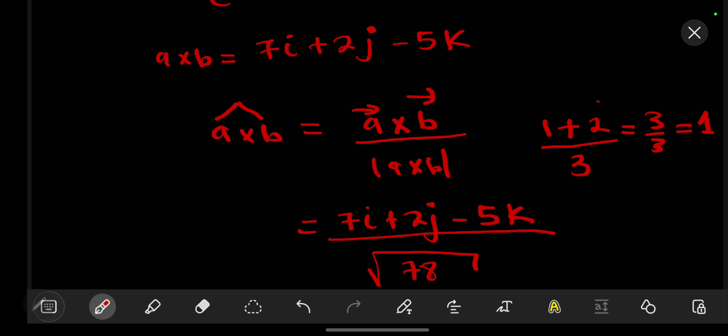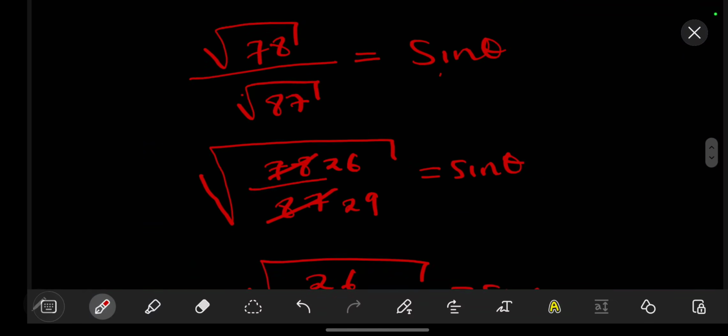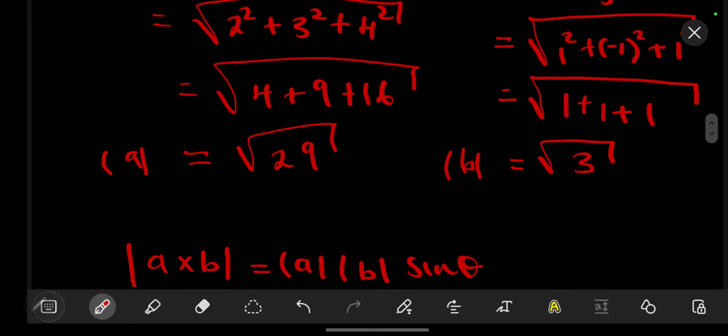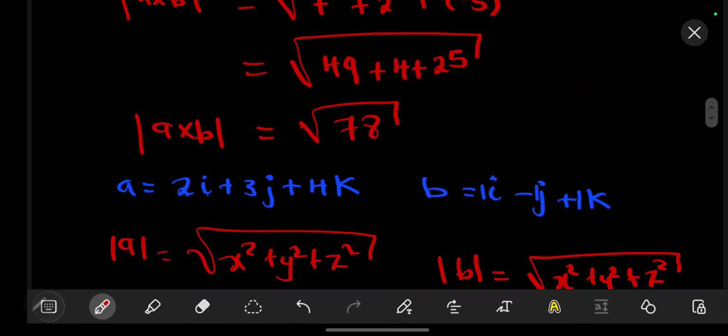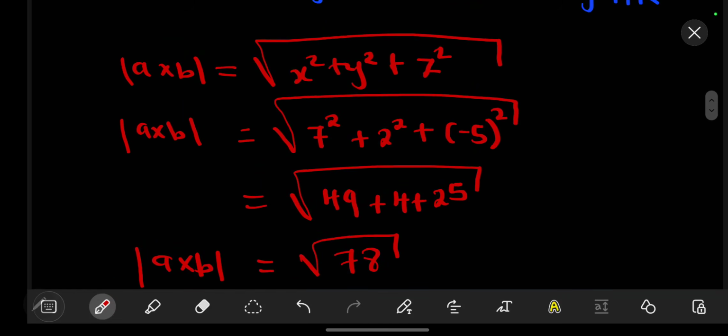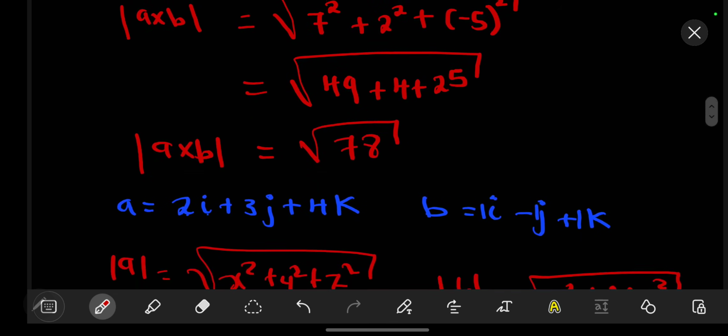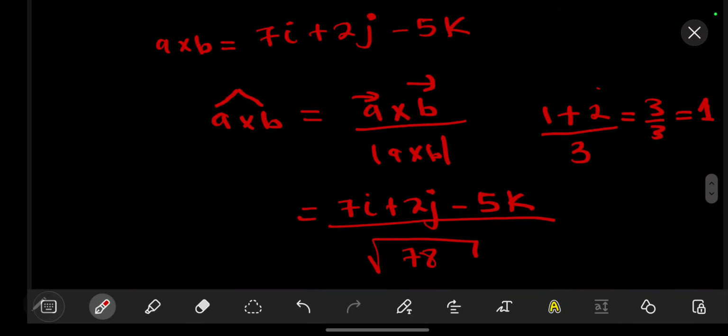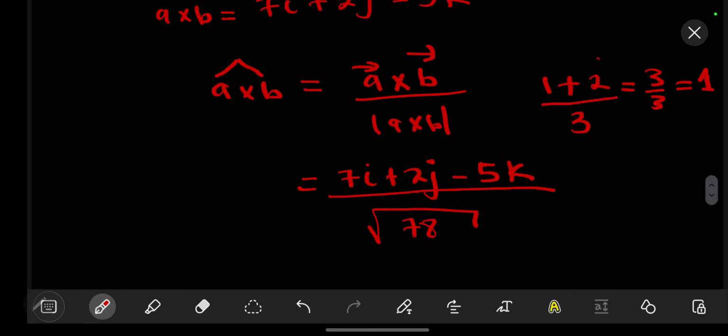It's x squared plus y squared plus z squared, where x was 7, 2, negative 5. We found the square root of 78. Since we have already found it, I really wanted to talk about that. So this is how you find the unit vector perpendicular to each vector.